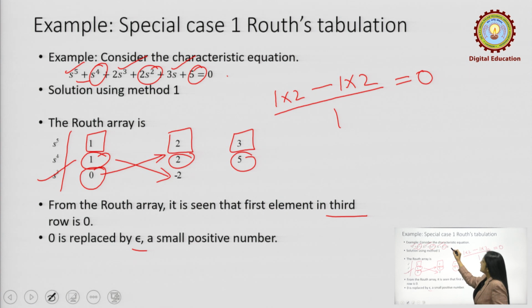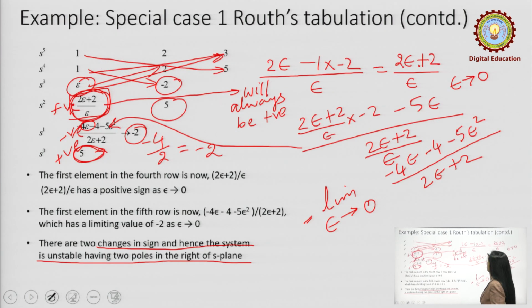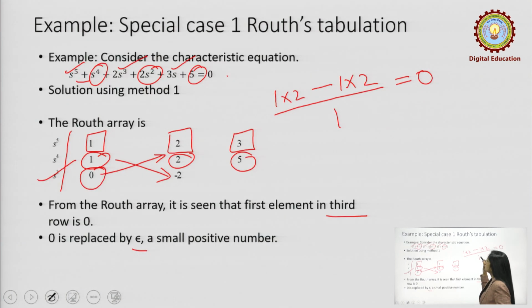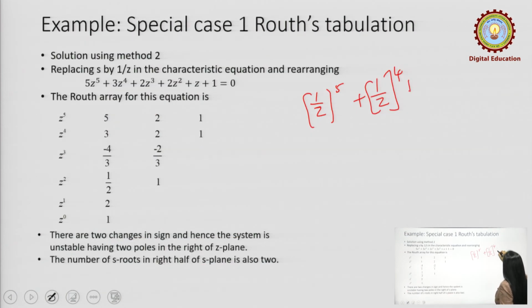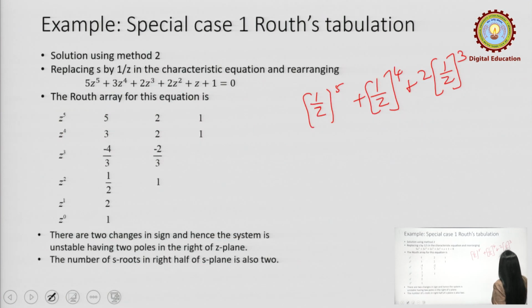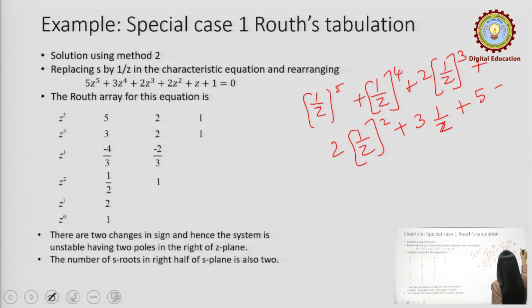So, S raised to 5 becomes 1 by Z raised to 5, plus 1 by Z raised to 4, plus 2 by Z cube, plus 2 by Z square, plus 3 by Z, plus 2, plus 5, equal to 0.